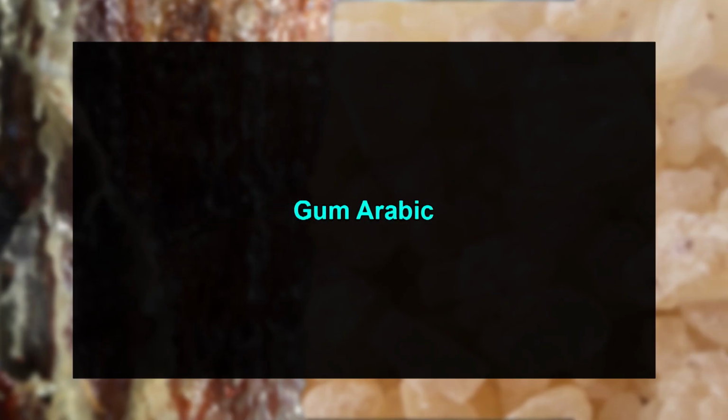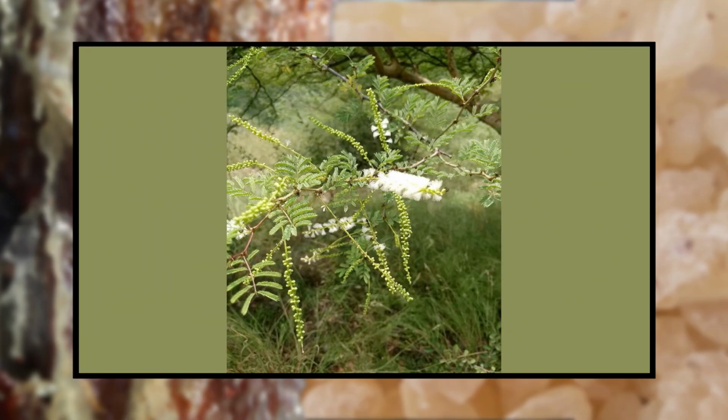Starting with gum arabic, a dried gummy exudate obtained from the Acacia senegal and related acacias. These are small native trees of arid northern Africa and are extensively cultivated in the Sudan. The trees are tapped between February and May when the fruits are ripe.